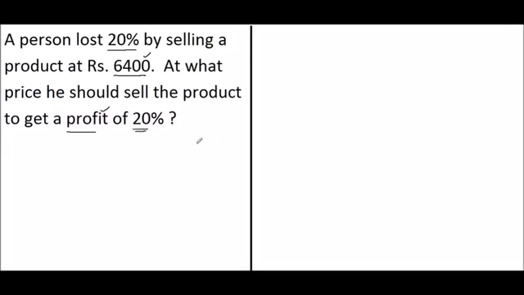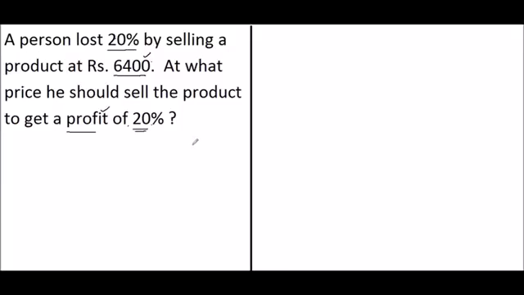What may be the conventional way of doing this one? If you start this question in a conventional way, first of all, using the selling price and the loss percentage, you can get the cost price here. After getting the cost price, adding 20% of the cost price to the same cost price, I can get the selling price there.